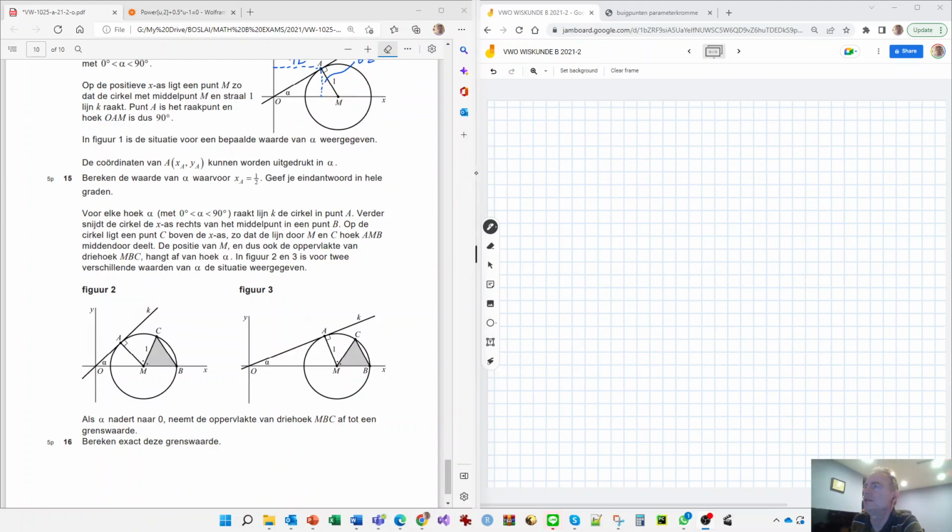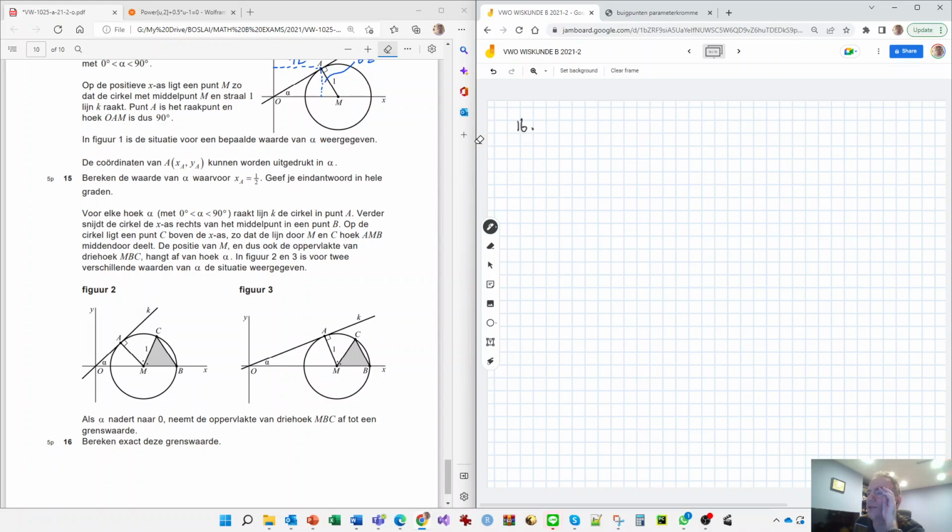Final question 16. For every angle alpha between 0 and 90 degrees, the line K is a tangent of the circle in point A, and also the circle intersects with the x-axis to the right of the center in point B, and there's a point C above the x-axis such that MC will bisect this angle AMB.